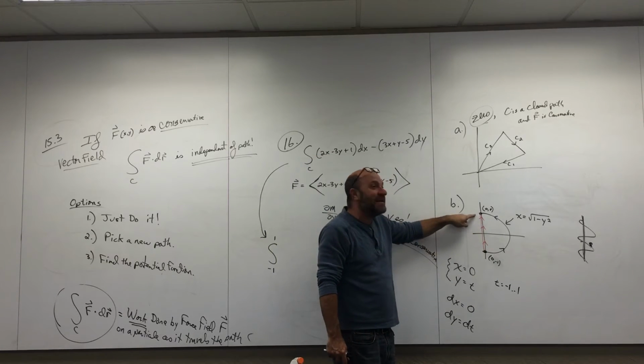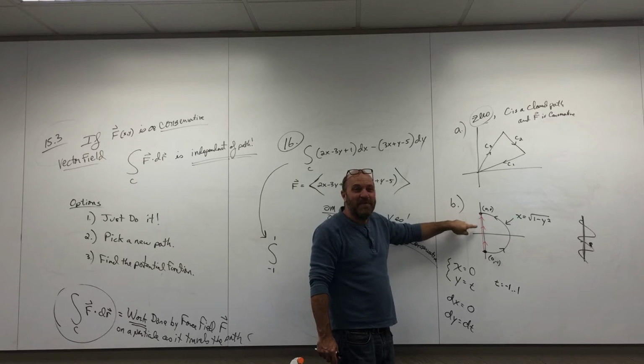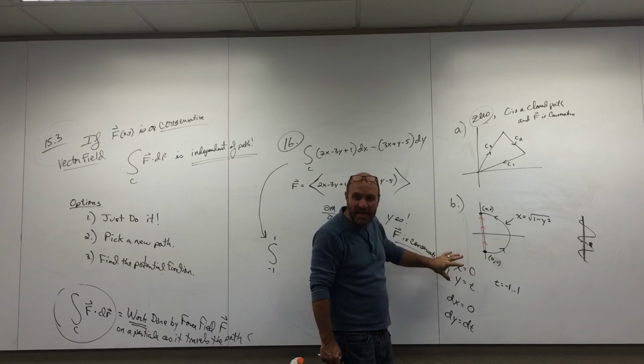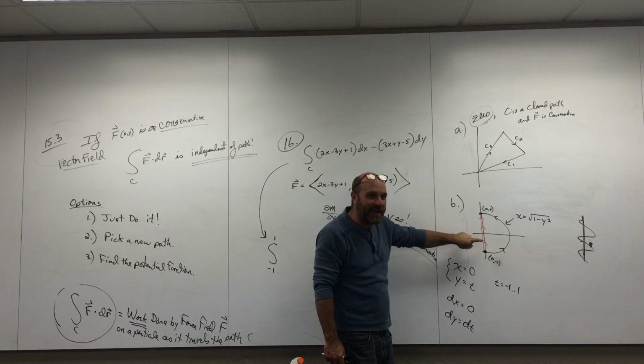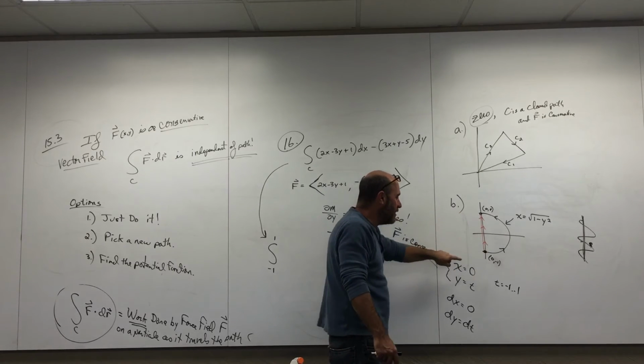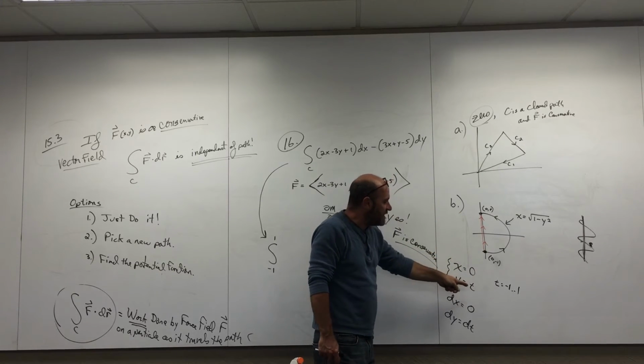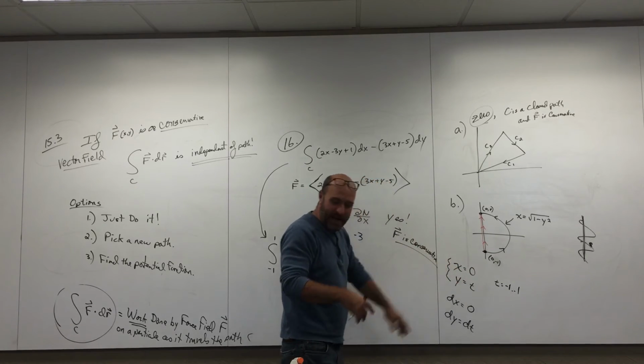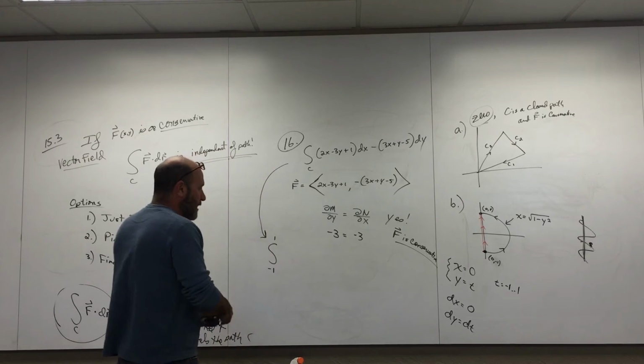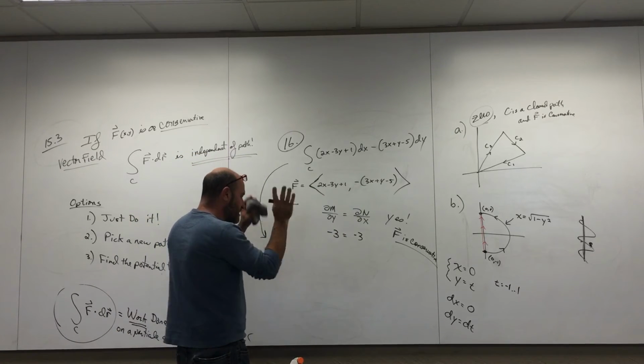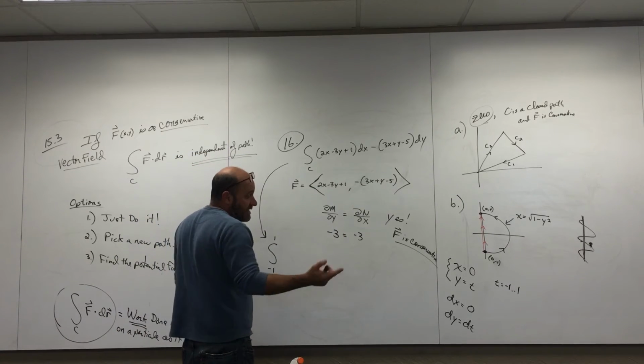We need t's. We need parameterization to make this path. Maybe I could, since y is just t and x is just 0. I don't know, I'm used to thinking in t's. Hey, it's kind of nice.